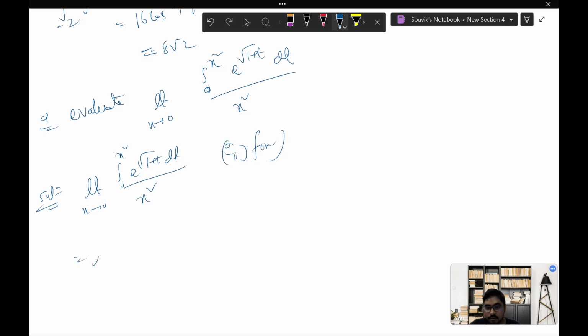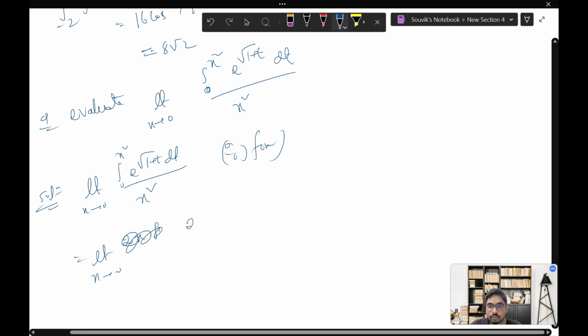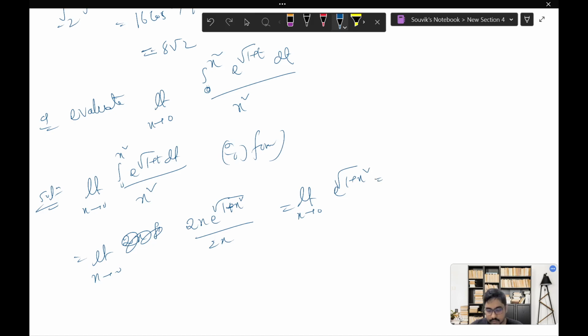So this will be derivative of the numerator by derivative of the denominator. So 2x e to the power root over 1 plus x square by 2x, limit x goes to 0, which is nothing but 2.